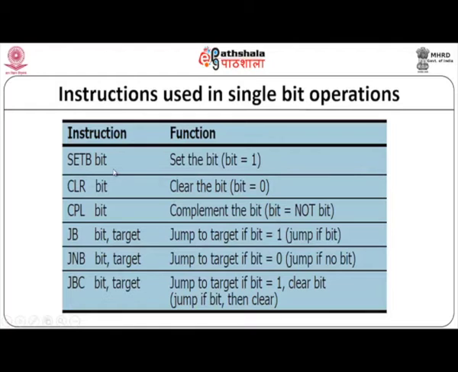That means I am setting a bit: the B tells you it is a bit, SET tells you it is equal to 1, and whatever address I give, it will be assigned there. Clear a bit: if I give CLR P1.0, then the P1.0 pin is equal to 0. So clear or reset is done through this CLR opcode. CPL is nothing but complement.